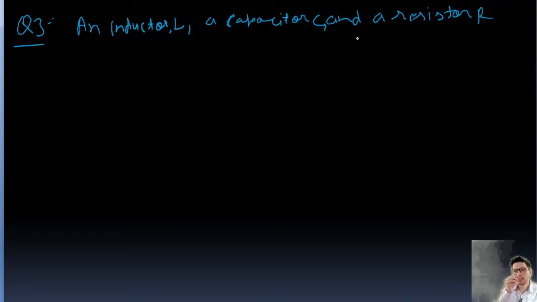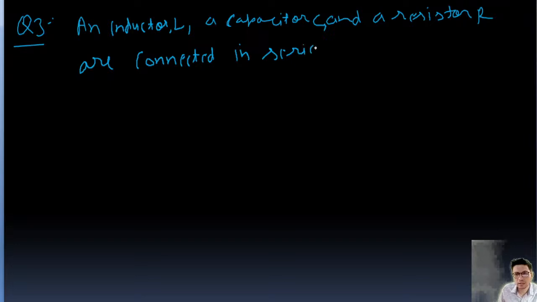Okay, capacitor whose capacitance is C, inductor whose inductance is L, and the resistor whose resistance is R, are connected in series to an AC source.